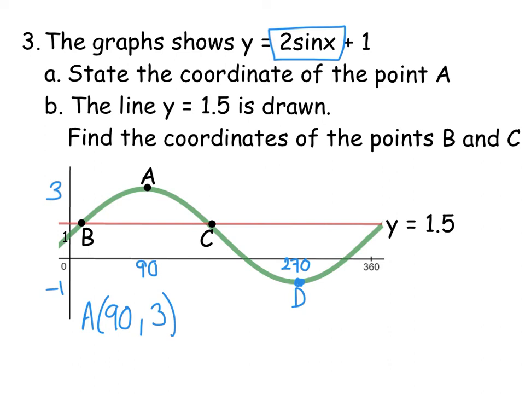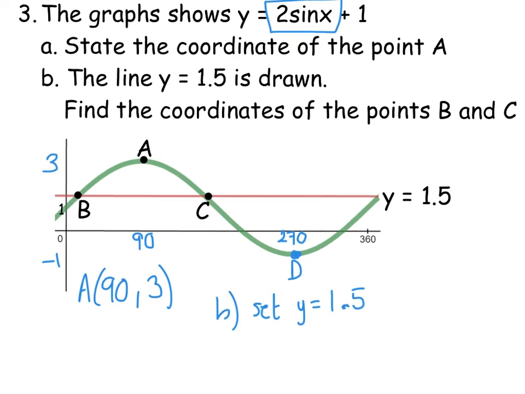So our y value is 1.5. So all we're really going to do for part B is set y equal to 1.5. Now in my last example, I was setting y equal to 0 because my coordinates were on the x-axis. On this one, I'm just putting y equal to 1.5 because that's the line that's going through the graph.